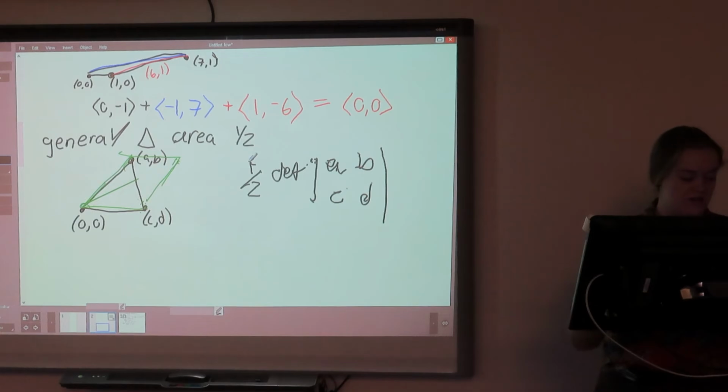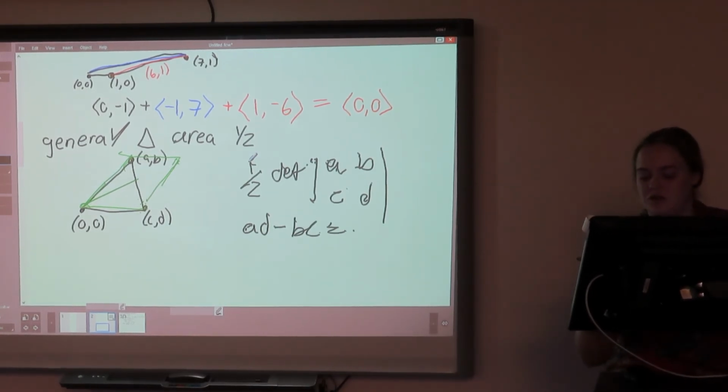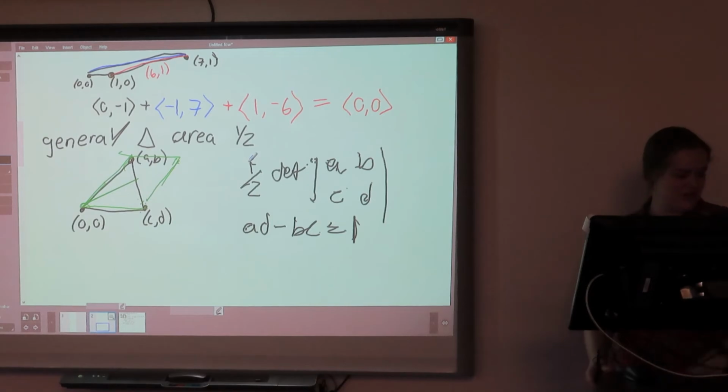And so we want the determinant AD minus BC to equal 1 in order to give us a triangle of area 1/2. So multiply that by the 1/2 to get the area of the triangle. And that's the constraints that we're putting on our A, B, C, and D to get this general triangle.